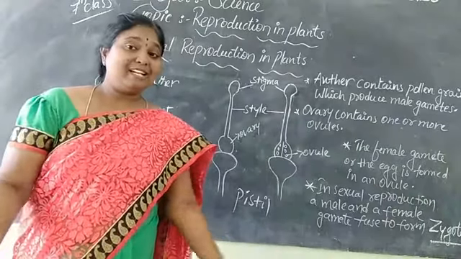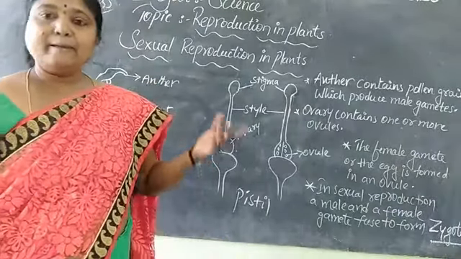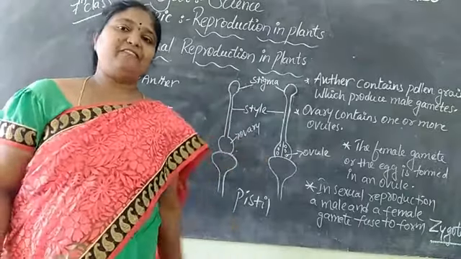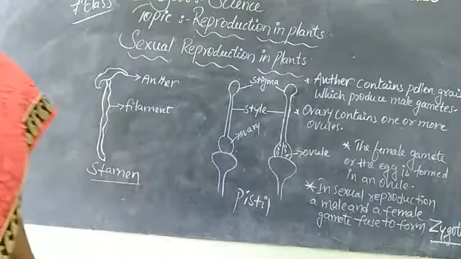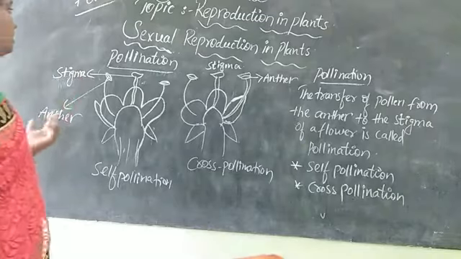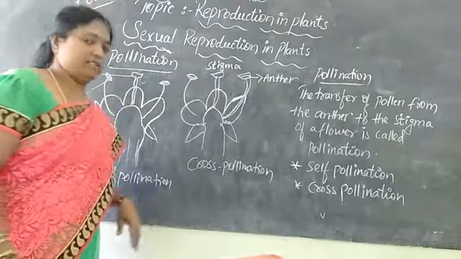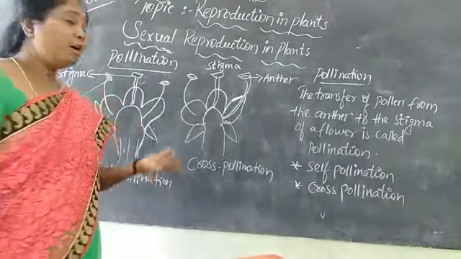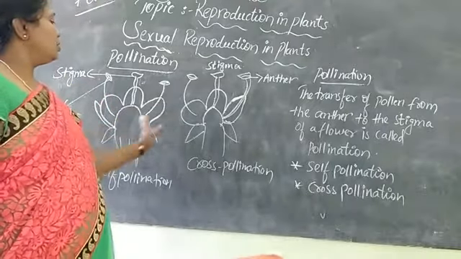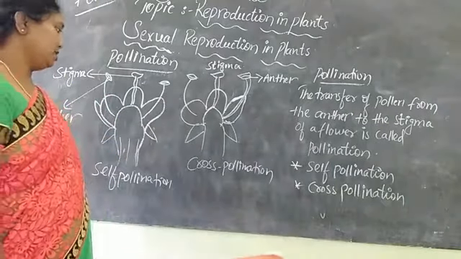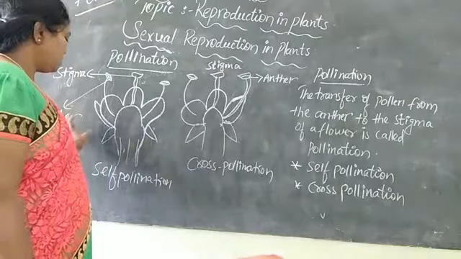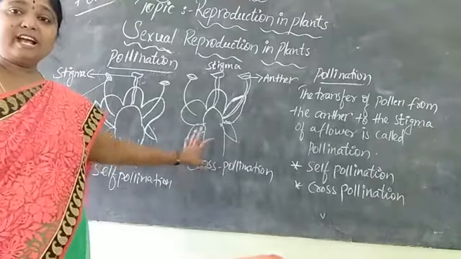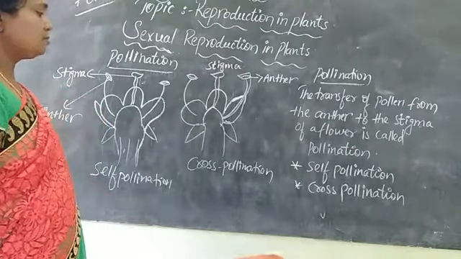Okay. Now let me see the parts of a pollen in a flower. Okay, children. Next, let me go to pollination. What is meant by pollination? Here there are two types of pollination. This figure shows self-pollination and this one shows cross-pollination.